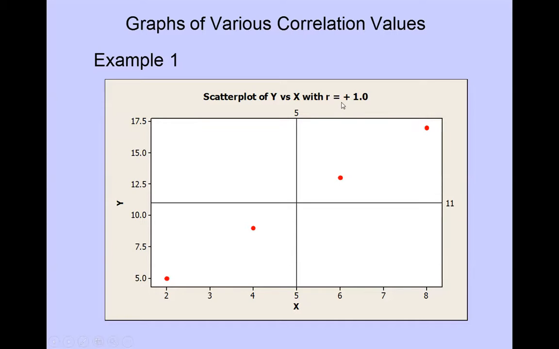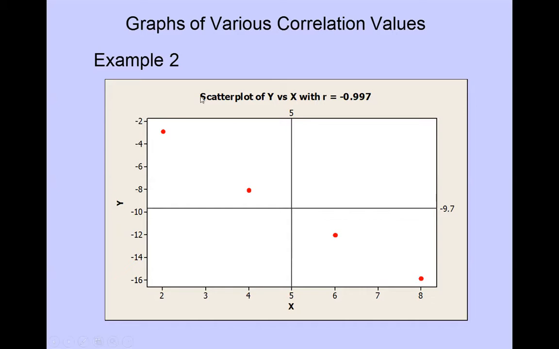When r is close to positive 1, you're going to see lots of points in the lower left and upper right corner with little to no points in the off diagonals here. So you can see a clear positive trend, and since they're collinear, they're all on one line, then you get r of positive 1 in this example.